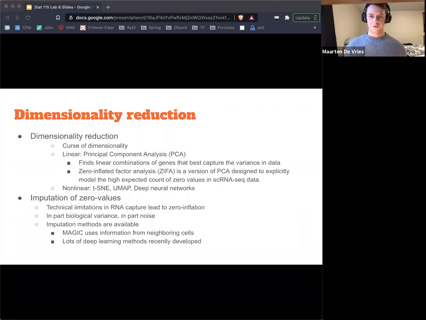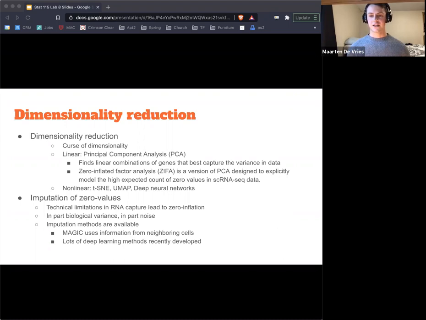So you don't necessarily know whether a zero is due to the fact that the gene is simply not expressed, or whether it's due to missingness, right? So there have been people thinking about how to impute those zero values. This is something you should be careful with. You have to know what you're doing, because when you're imputing data, you're essentially changing the data.